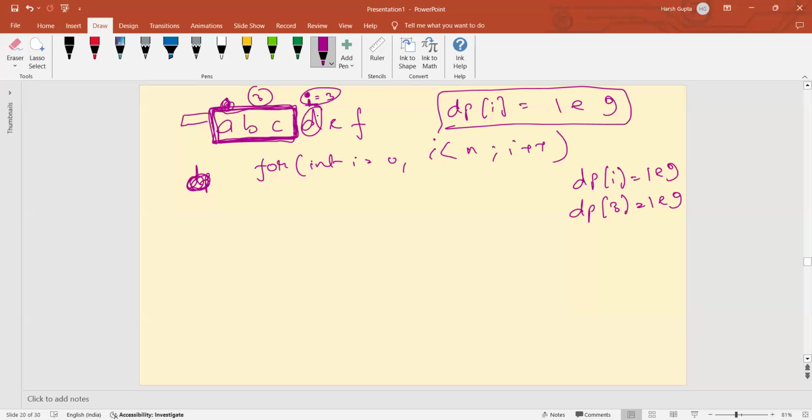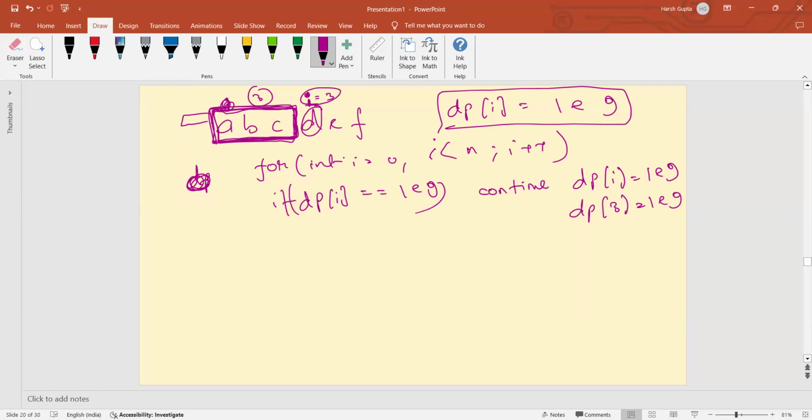So we can't proceed further constructing the string from D. We don't have ABC with us, so how do we start constructing from D? We can't do that. So in that case we will simply continue. That is, if DP of i equals some maximum value, let's suppose 1e9, we simply continue. We can't start constructing our string from this particular point.